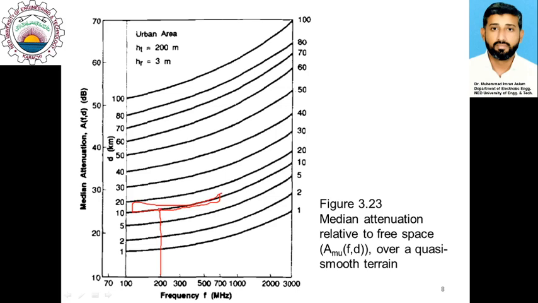The point where it intersects gives the value on this axis. So this point represents the median attenuation for 200 megahertz and a 10 kilometer distance, and this is roughly around 26 decibels. In this way, these curves can be used to calculate the median attenuation whenever you know the frequency in megahertz and the distance in kilometers.